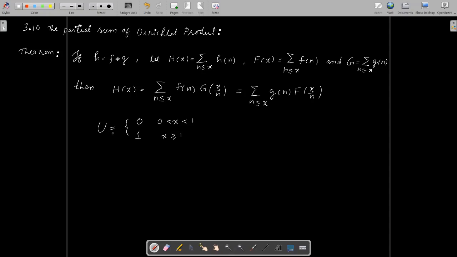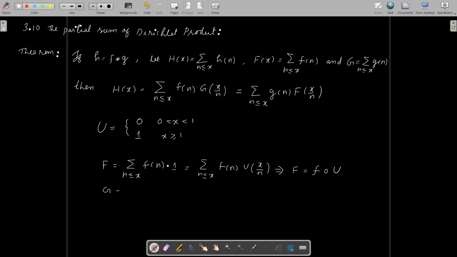So if you define u like this, you can get capital F equal to sigma n less than or equal to x, f of n into 1, that is equal to sigma n less than or equal to x, f of n u of x by n. Since n is always less than or equal to x, x by n is always greater than or equal to 1. So u of x by n is always 1. So this can be translated as capital F equal to small f convolution u.